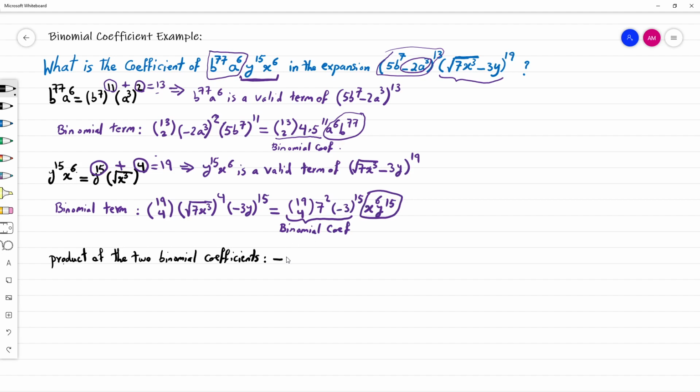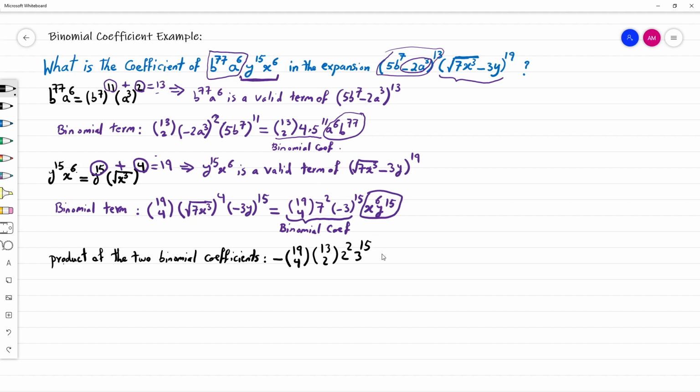So you would have negative, and then you would have 19 choose 4. That's what we have here. And then we have 13 choose 2. That's what we have here. And then we have 2 to the 2, which is our 4 here. And then we have 3 to the 15, which is here.